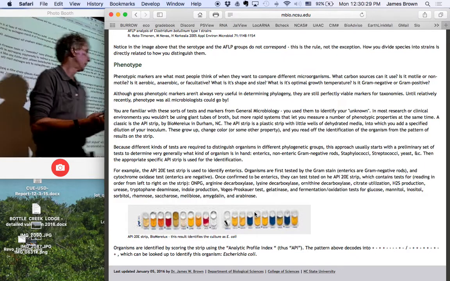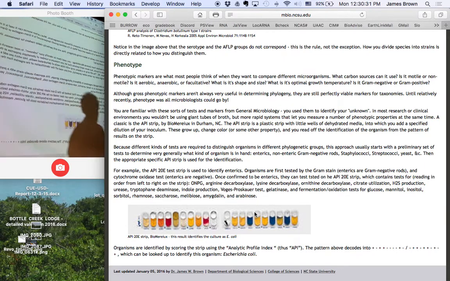It's also possible to be fooled by this. If any of you have ever worked with E. coli in a lab, a lot of them are genetically modified in a variety of ways, right? Most lab strains of E. coli are lac negative. But that's one of the definitive identifications of E. coli on these tests. And so if you put a lab strain of E. coli in this, it will probably be wrong.